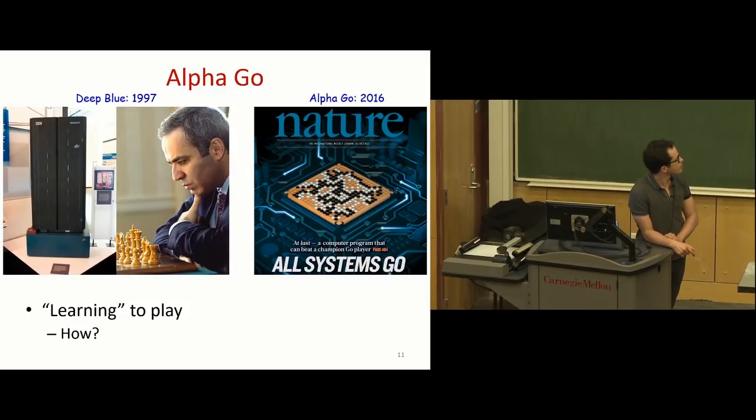It started, by the way, you've probably heard of Deep Blue, I assume, one of the first supercomputers. Maybe you know that it started here in CMU with the name Deep Thought 10 years before that.